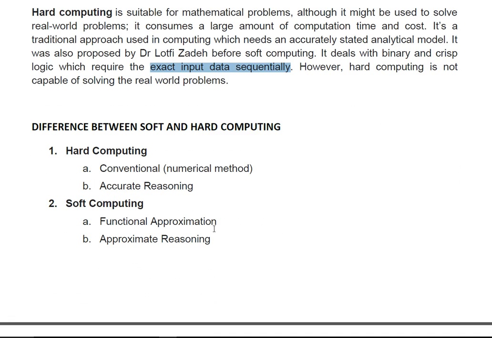Let's see what are the differences between hard computing and soft computing. Before that, let me repeat hard computing and soft computing in one line or one statement. Hard computing deals with a precise model where accurate solutions are achieved quickly.